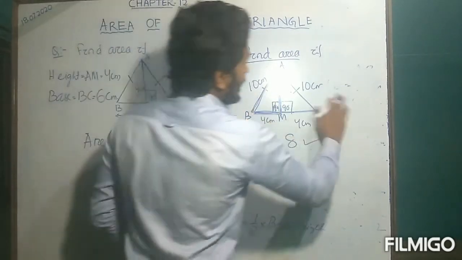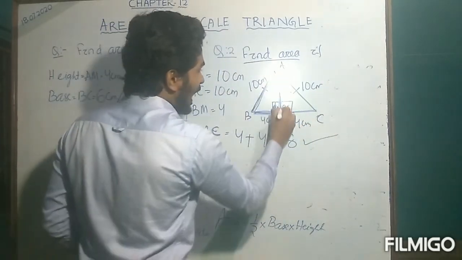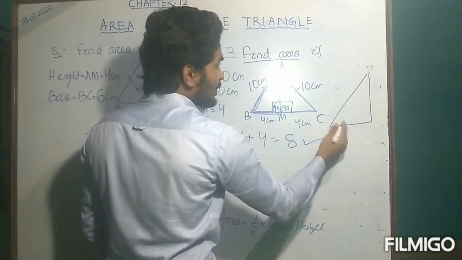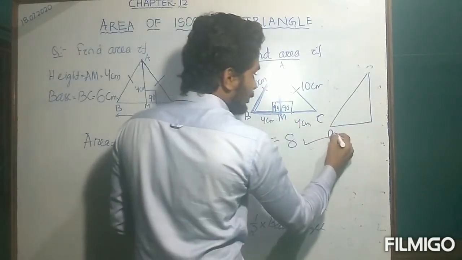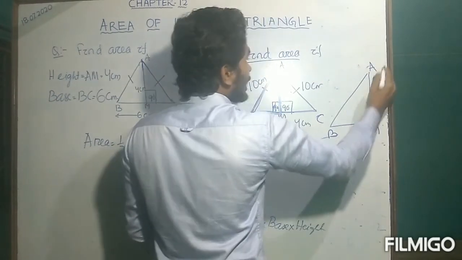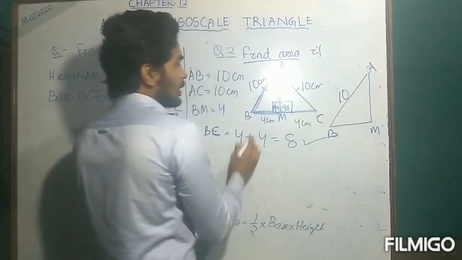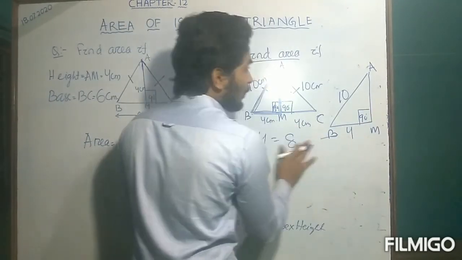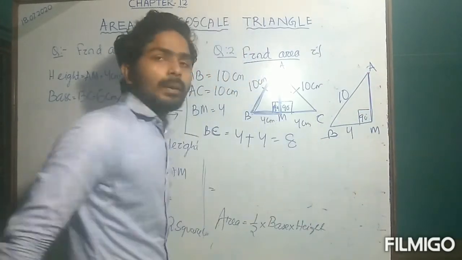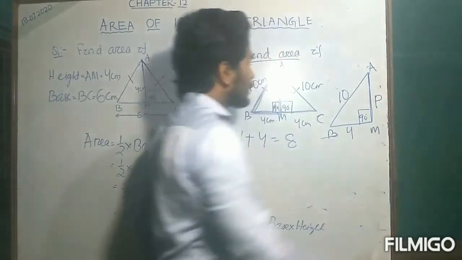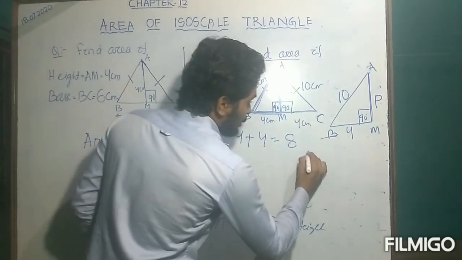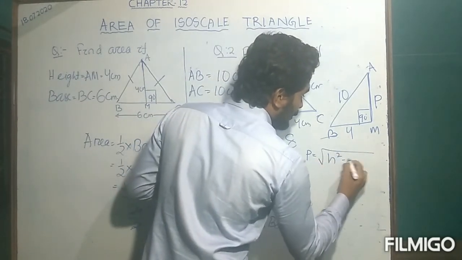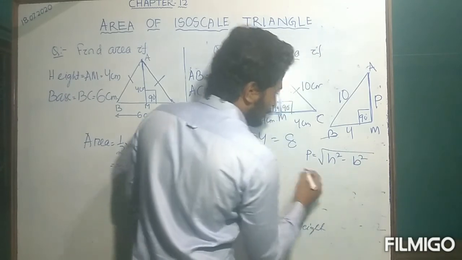See, here this is a right angle triangle. I am writing this here. If this is a right angle triangle BMA, and AB is 10, BM is 4, and we need to find this perpendicular height, that is P. As you know, P is equal to square root of H square minus B square.